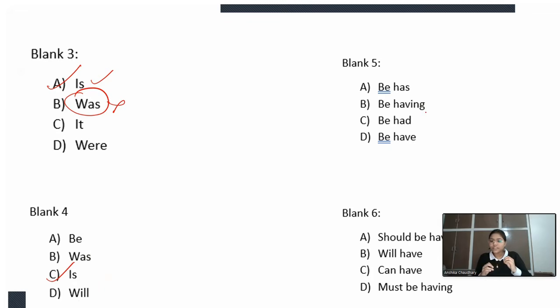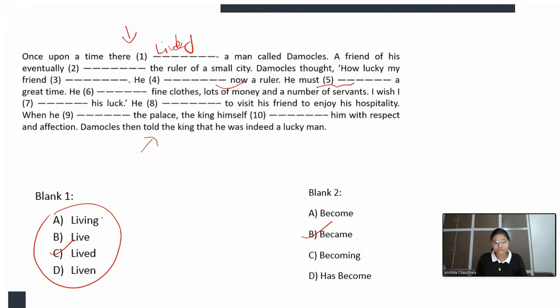This is something that is happening right now, in the present. So for something that is happening right now, we will be using the ing form. So we will be using he must be having great time.